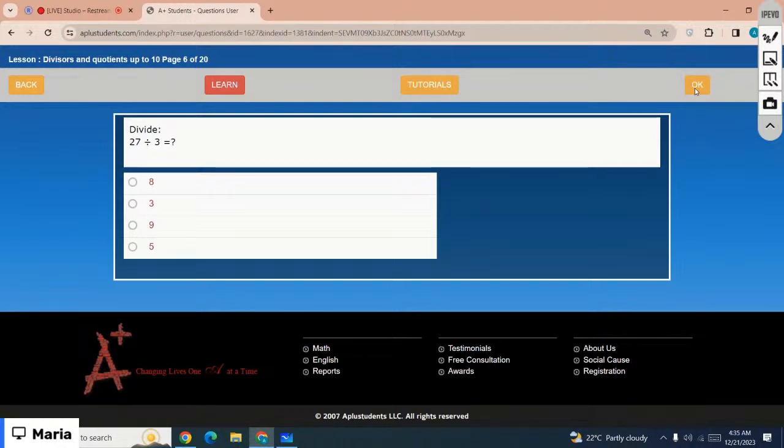27 divided by 3. 3 times what number is 27? 9 it is.